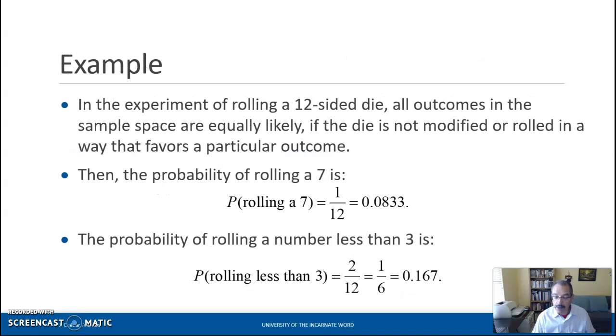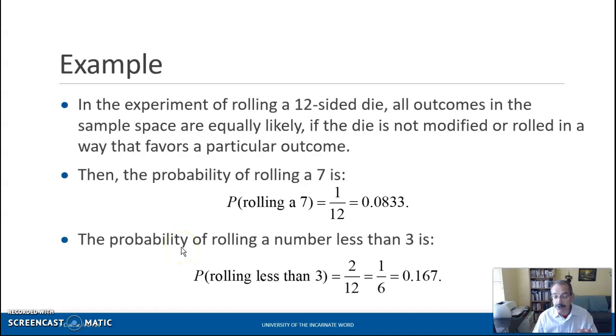Let's retake the example of rolling a 12-sided die. Here we are going to assume that this is what is called a fair die, meaning it is not adjusted or modified to favor certain numbers, and we will roll it in such a way that it rolls randomly so that no particular outcome is favored.